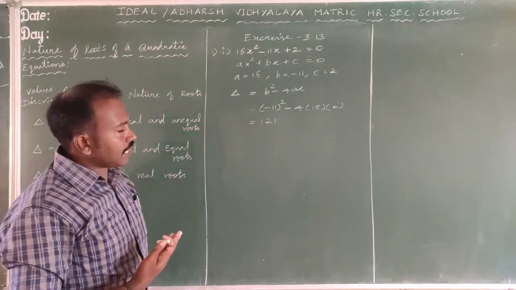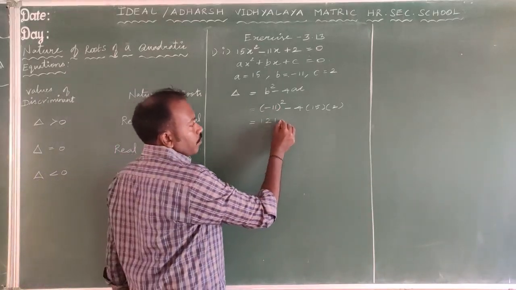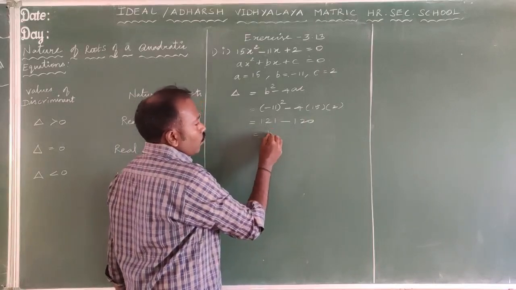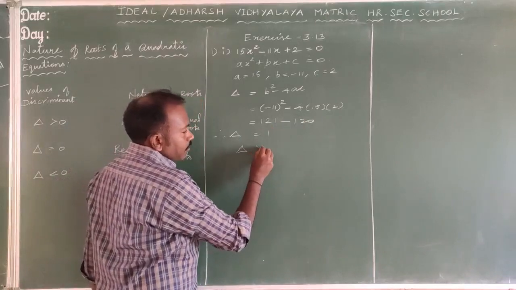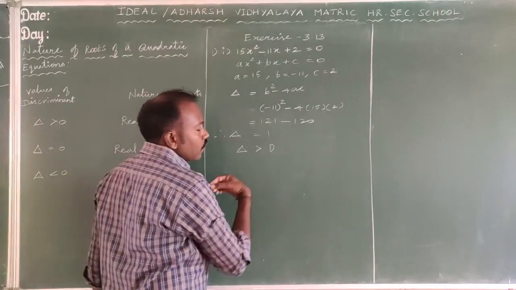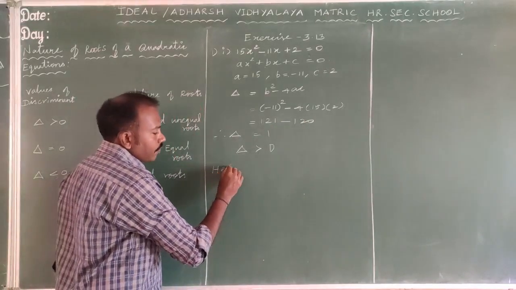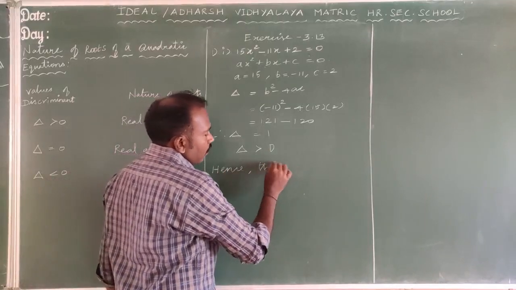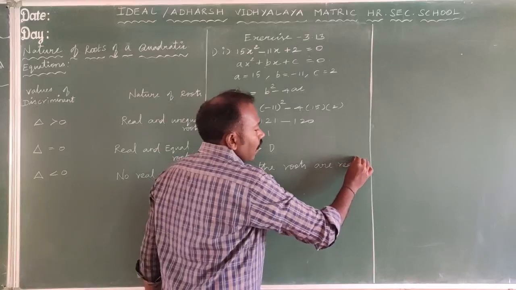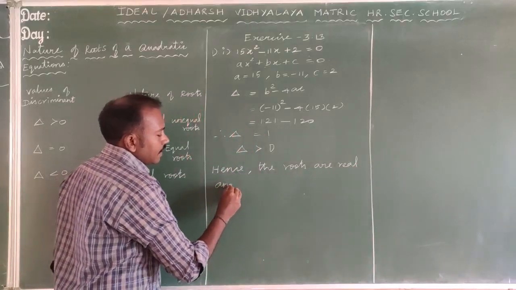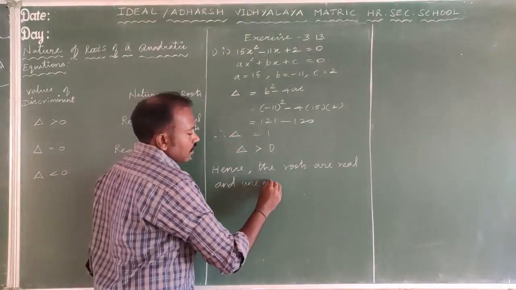Minus 11 into minus 11 plus 121 minus 120, that is equal to 1. Therefore discriminant is equal to 1. Discriminant greater than 0. Hence the roots are real and unequal.